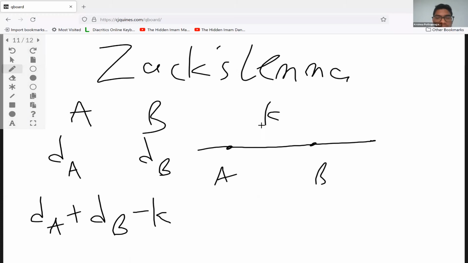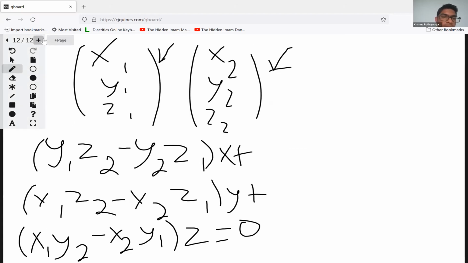So where we get this k intersections or k coincidences, which means A and B for the same value of t are at the same point, right? We subtract k.